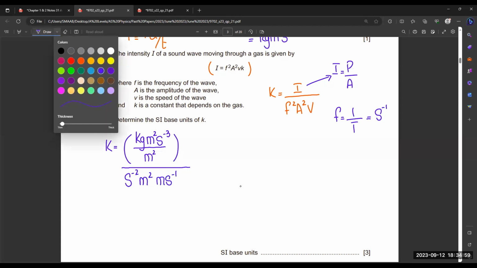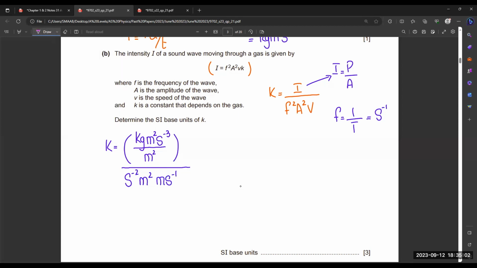So let's see which quantities will cancel out. This will cancel out. And finally, you will get the units: kilogram per second cube divided by meter cube per second cube again, right?